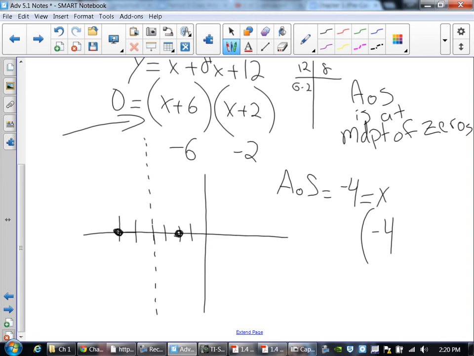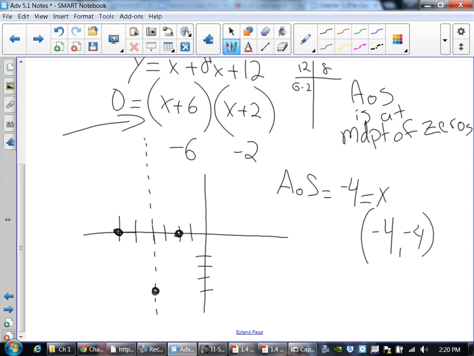I substitute in. What's negative 4 plus 6? 2. Negative 4 plus 2. What's 2 times negative 2? Negative 4. There's my vertex. And then don't I already have one set of symmetric twins?